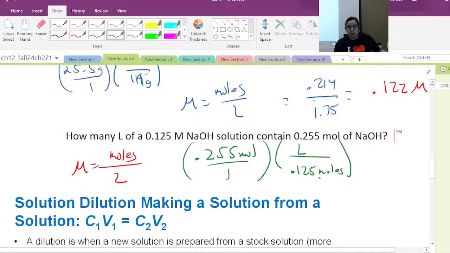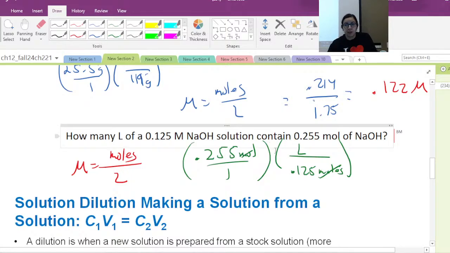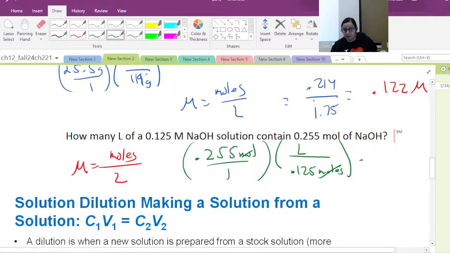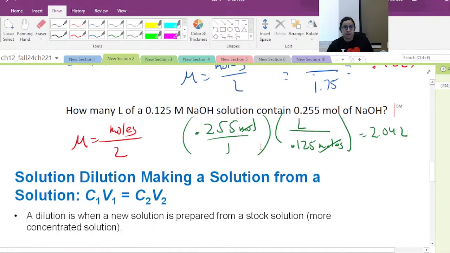So your units pop out from there. Moles cancels, leaving you with liters. So let's do that. Then we have 2.04 liters.